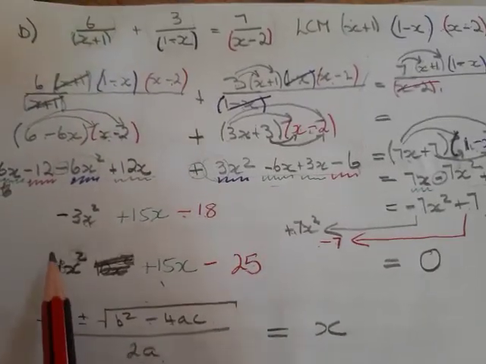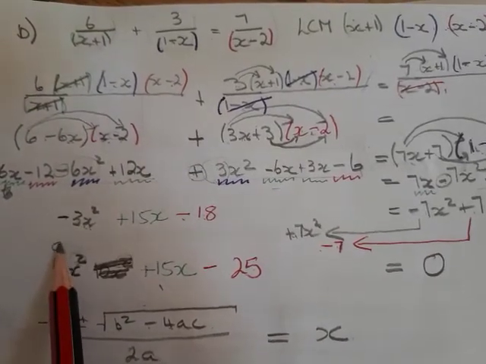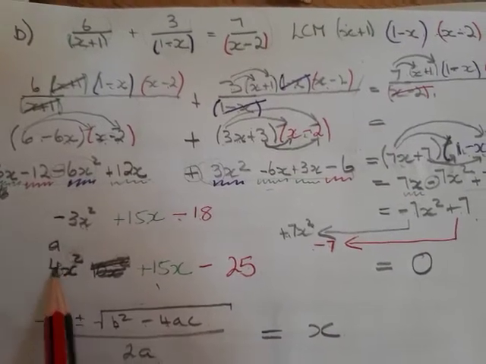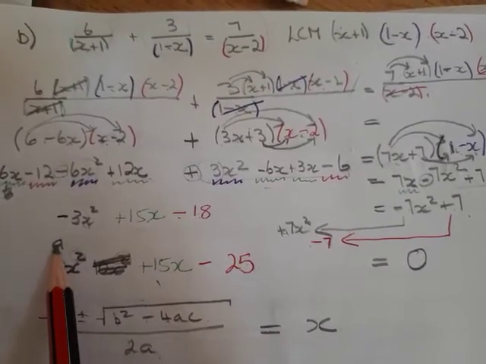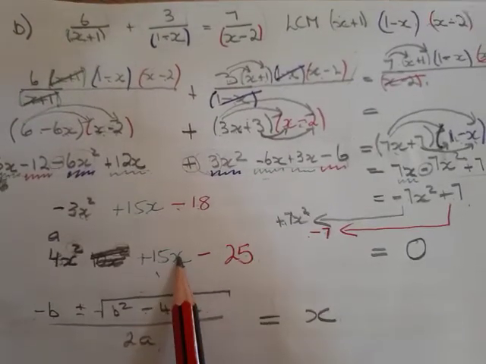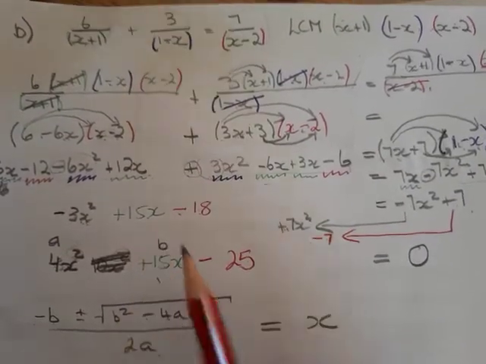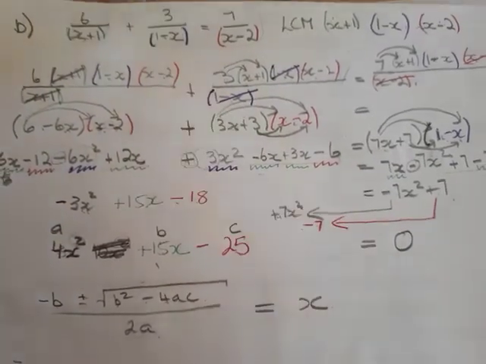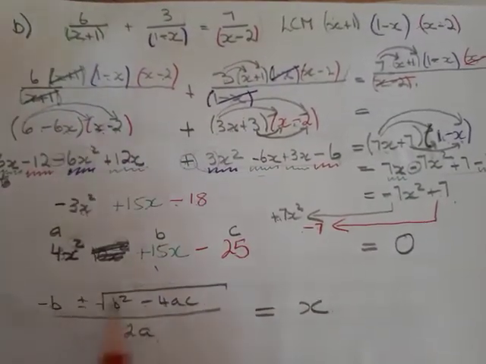So now remember, when you go to the quadratic formula, a quadratic equation, the number going along with x squared is a, the number going along with x is b, and then simply just a number is c. Okay, so we need negative b.